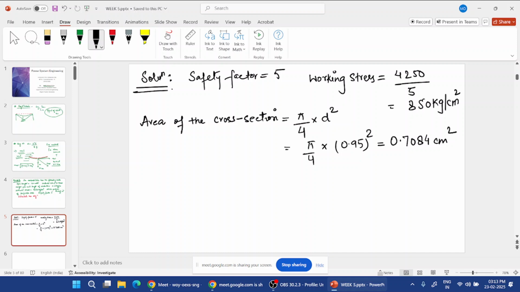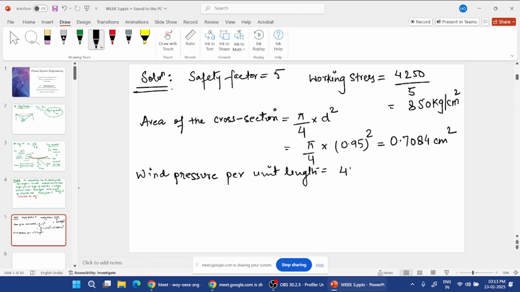Now, wind pressure is given on a projected area. So what will the wind pressure per unit length of the conductor be?